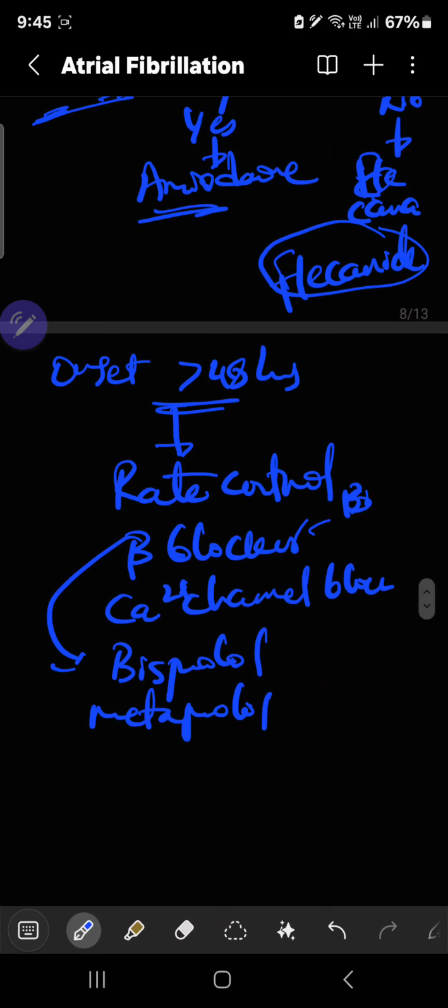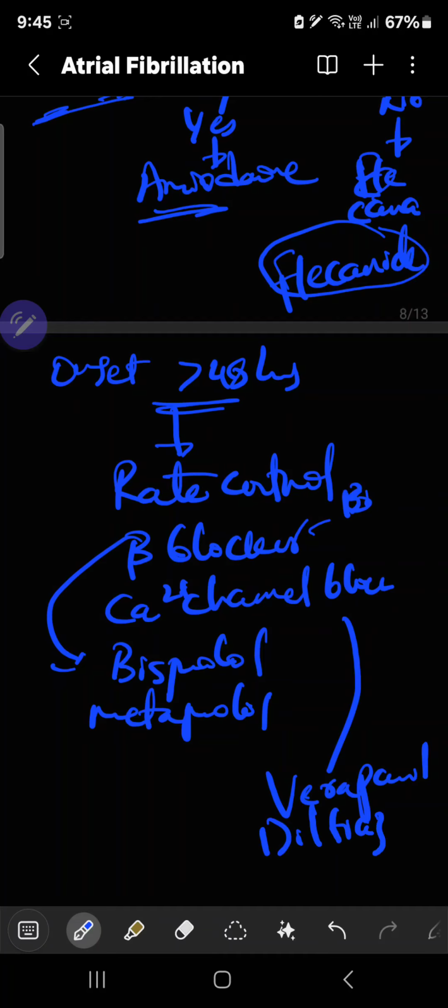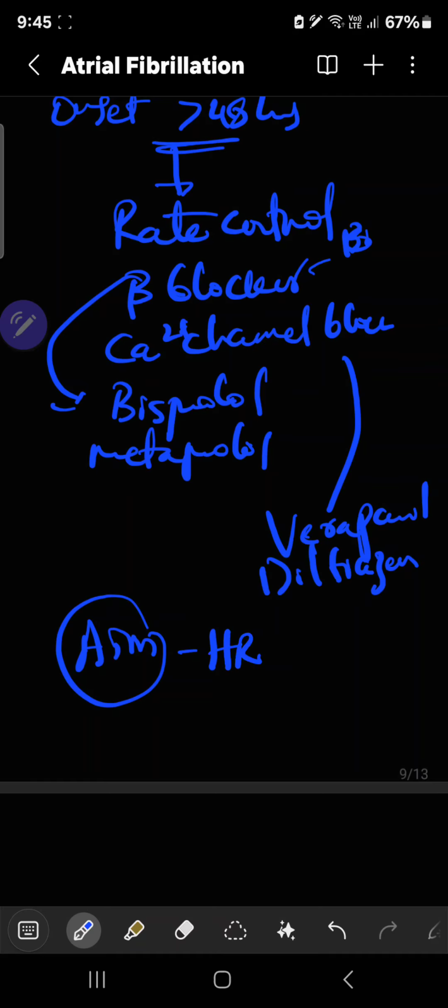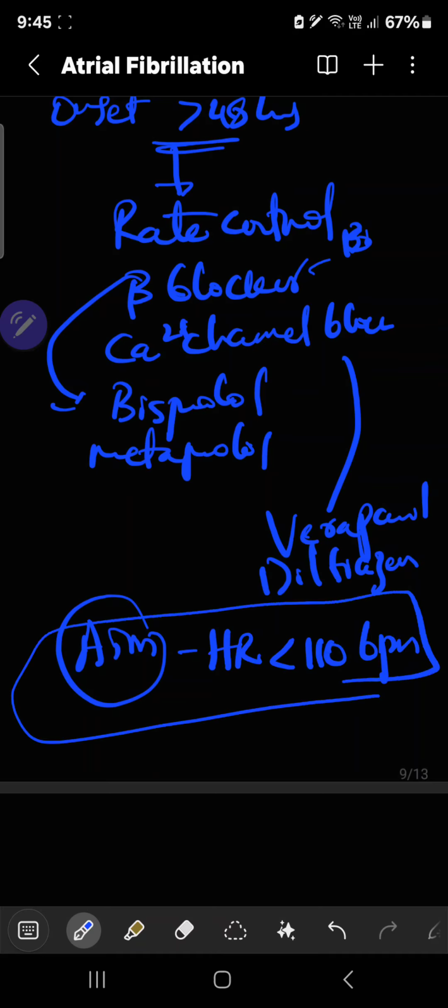For calcium channel blockers, verapamil and diltiazem. Our aim should be to maintain the heart rate less than 110 beats per minute. This is our aim in atrial fibrillation.